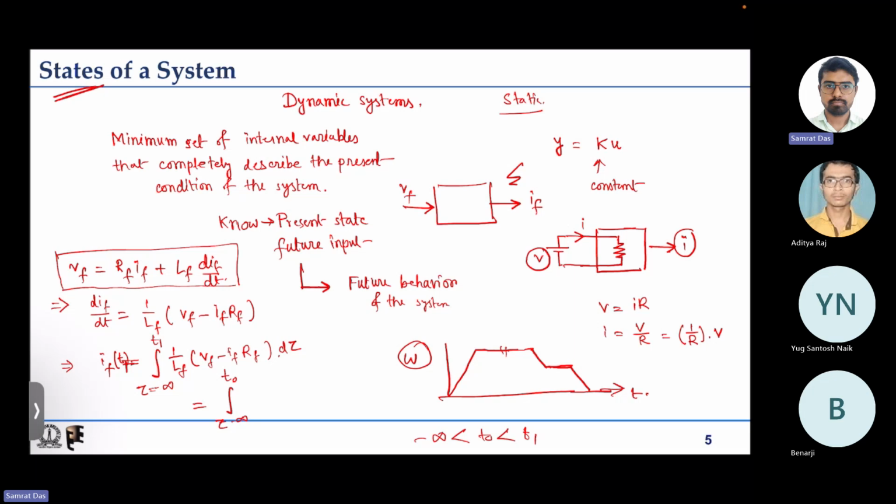So minus infinity to t0 of 1 by LF (Vf minus IFRF) dτ, plus the same thing from t0 to t1, again 1 by LF (Vf minus IFRF) dτ. This first term is nothing but the field current at the instant t0.